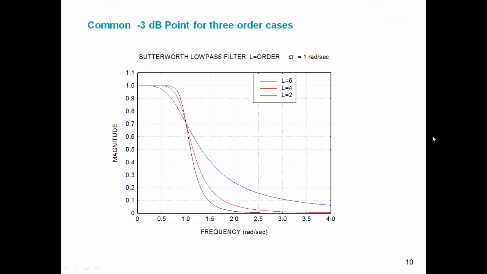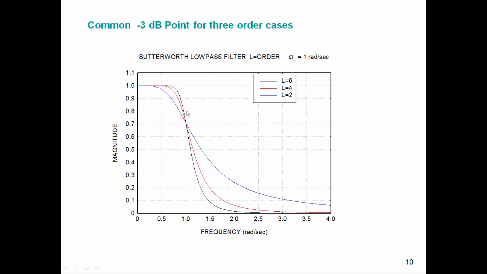Okay, this plot here is actually a Butterworth low-pass filter, and the cutoff frequency for convenience is set to 1 radian per second. And this is showing 3 different orders. So the L equals the order. We could have the blue curve here that's a second order. The red curve is a fourth order. And then the black curve is a sixth order.